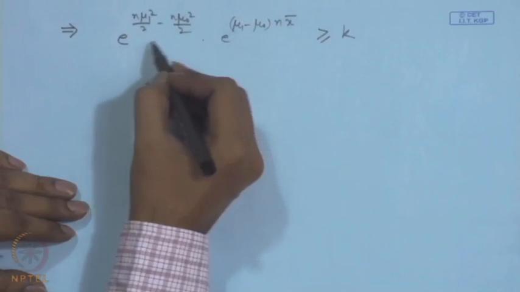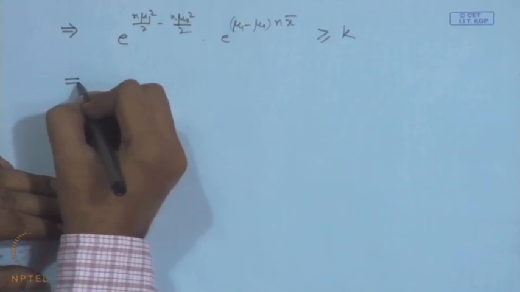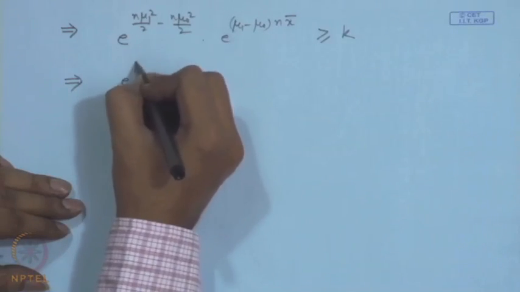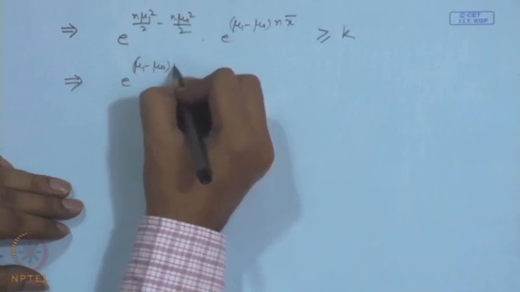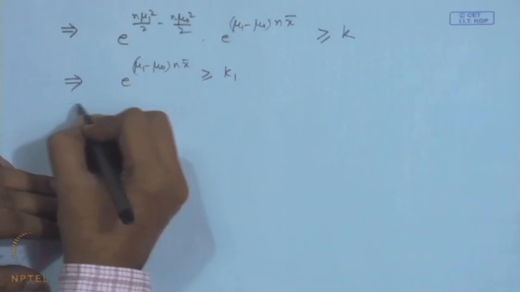Now, this is all constant, mu 1 and mu naught are fixed constants. So, this is equivalent to e to the power mu 1 minus mu naught n x bar greater than or equal to some k 1.